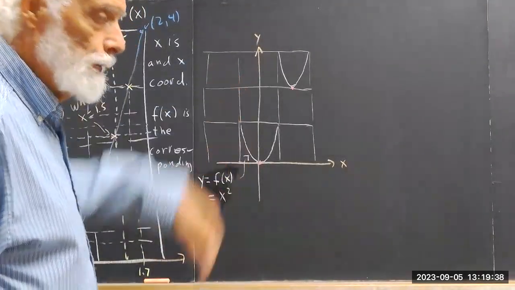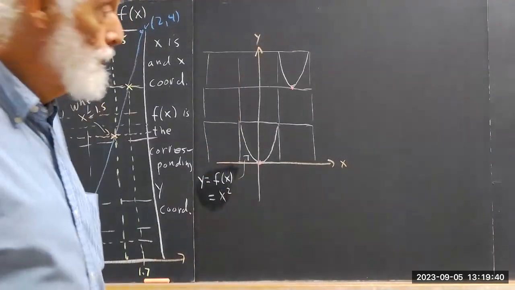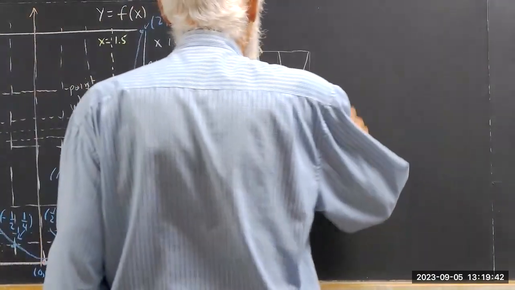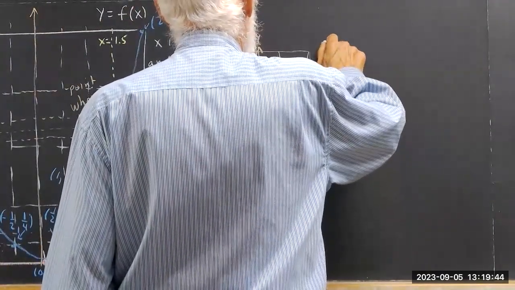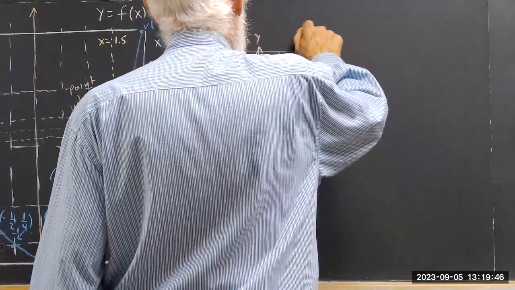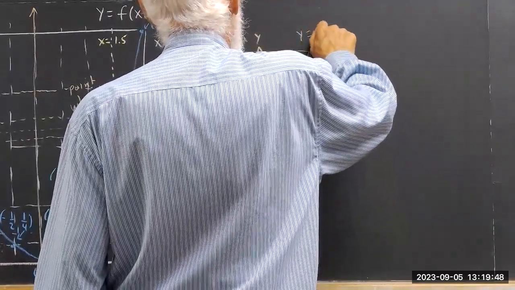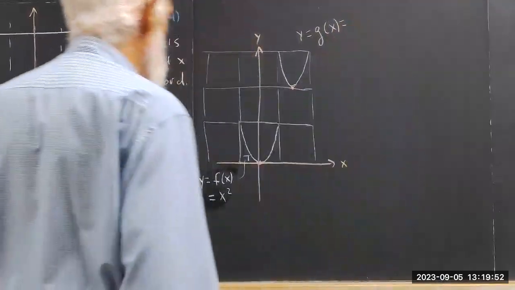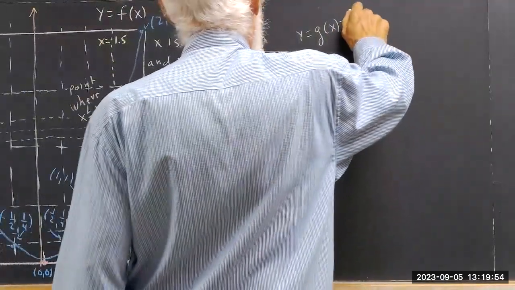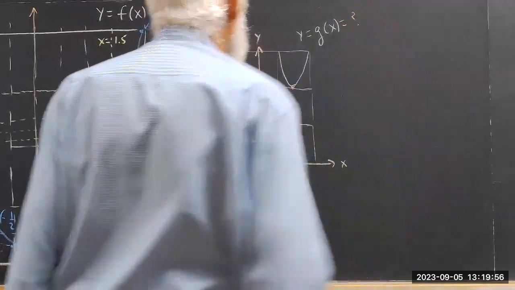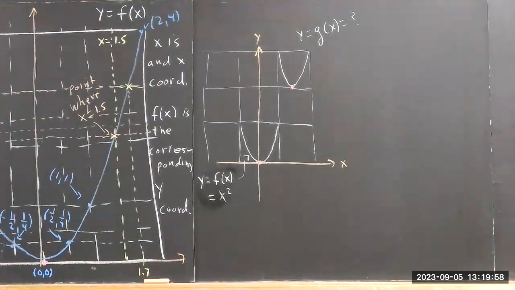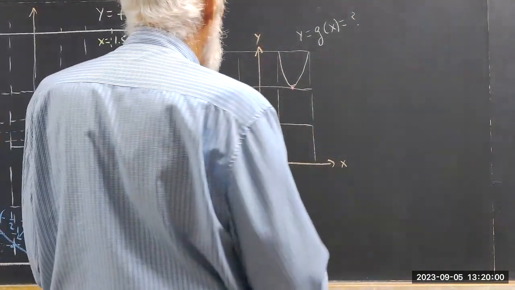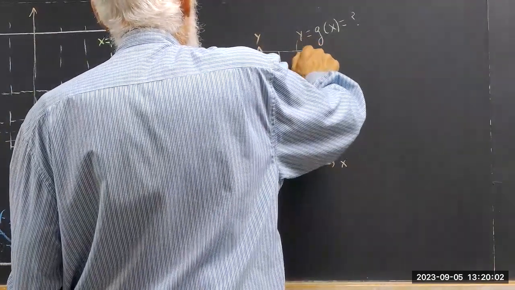Y equals f of x equals x squared here. This one is going to be the function y equals g of x.